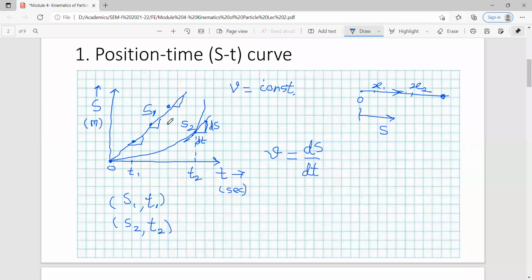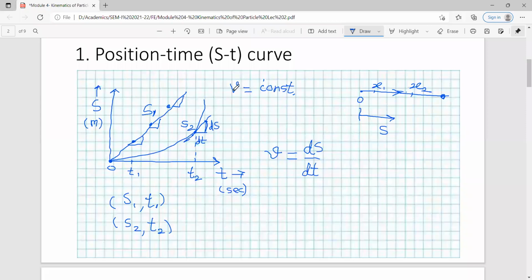What is slope? Slope is dy by dx. On the y-axis you have the displacement ds, and on the x-axis you have the time. So this ratio, the change in distance per unit change in time, will remain the same.